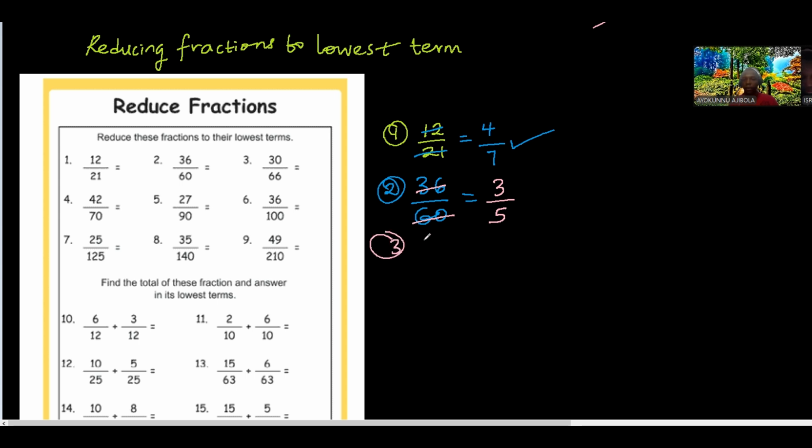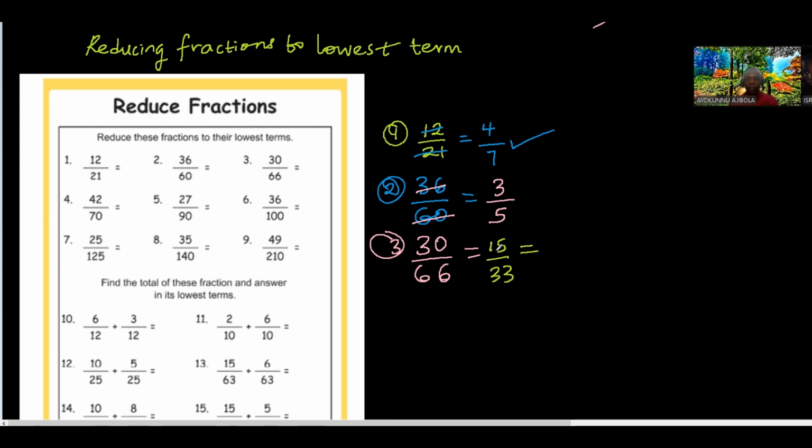Number 3, we have 30 over 66. There is no crime if I keep dividing with the smallest number, 2. I could divide by 2 and get 15 over 33. You're not looking at this.